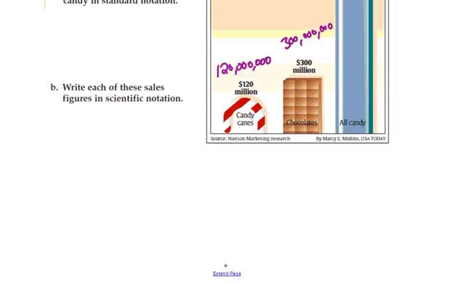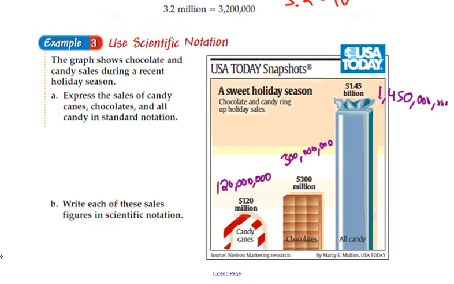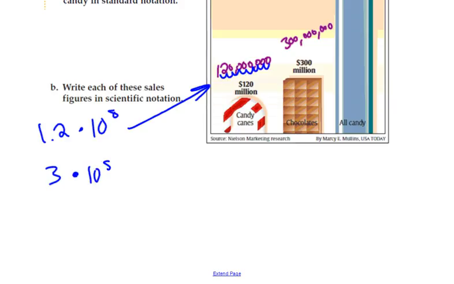Now we can use those numbers and write them into scientific notation. So for instance, 120 million, we'd have to do 1.2, sorry, 1.2 would be the number that's between 1 and 10. It's going to be a big number, so it's going to be a positive exponent. Times 10 to the, and it'll be 1, 2, 3, 4, 5, 6, 7, 8 will be the exponent for that one. 300 million will be similar. It'll be 3, and this is also going to be times 10 to the 8th, so it's the same number of digits there.